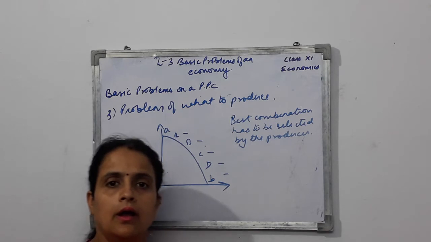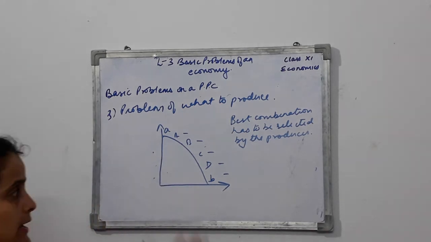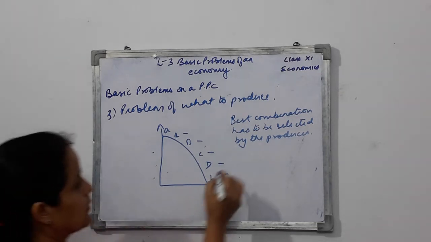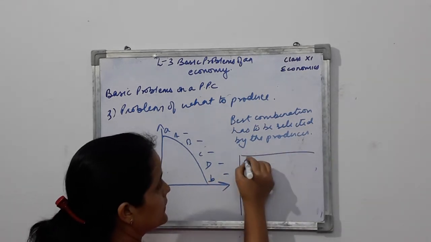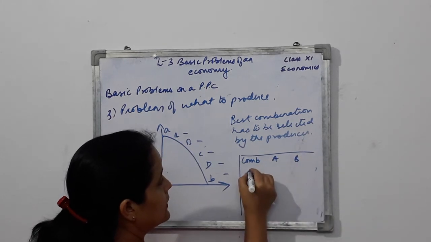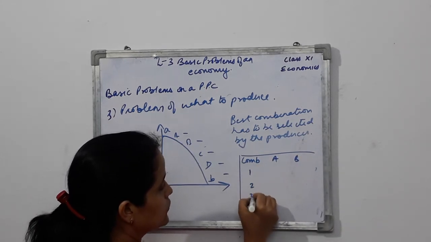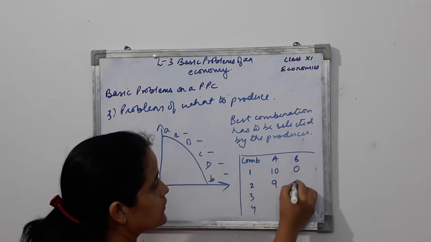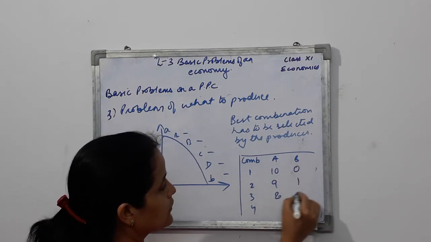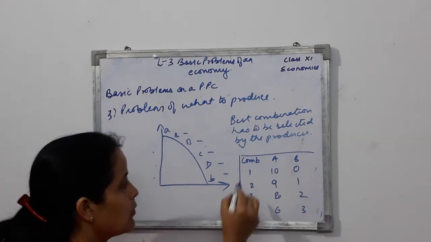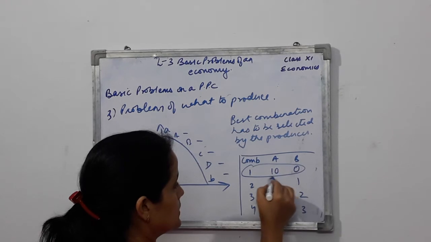So it is the choice of the producer which combination he should go for. Suppose we talk about these combinations of product A and B. Combination 1, 2, 3, 4: 10 of this, 0 of this; 9 of this, 1 of this; 8 of this, 2 of this; 6 of this, 3 of this. These are the combinations.